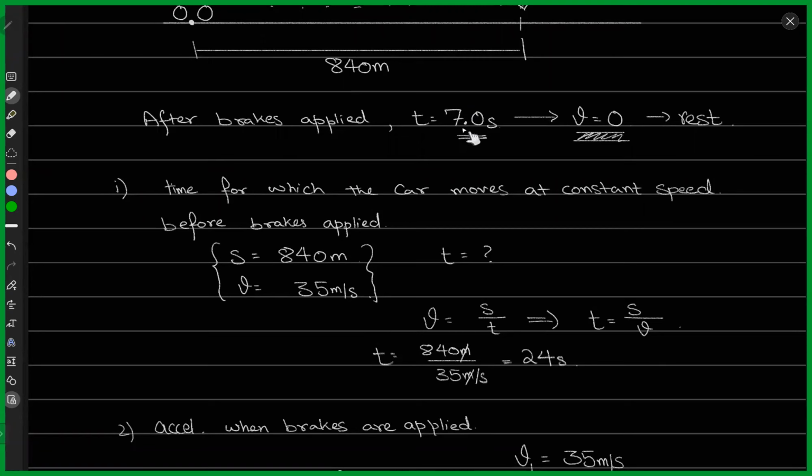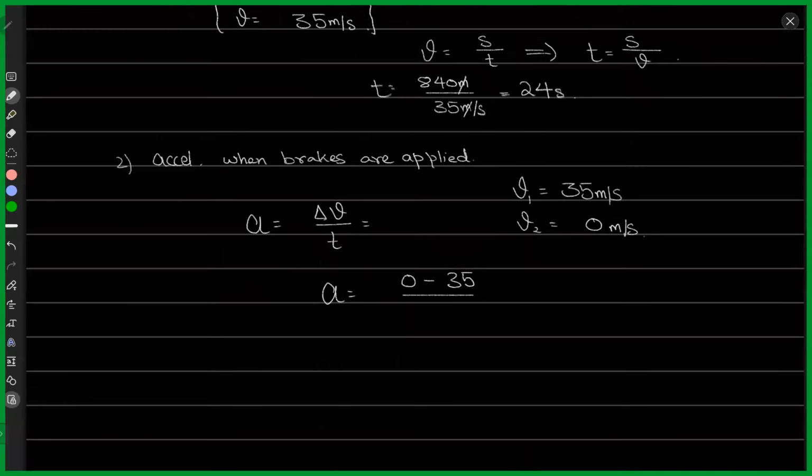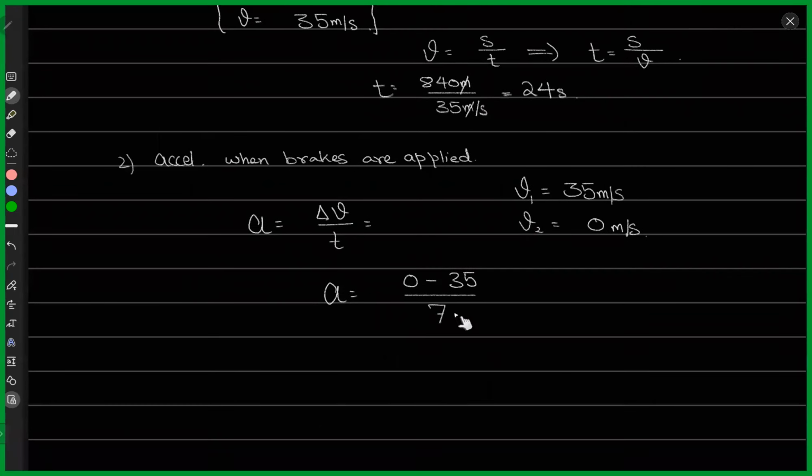So the time it takes for the car to stop after the brakes are applied is 7 seconds. So in place of time, we'll put 7 seconds. And this is meters per second. And so this would give you minus 35 over 7, which is minus 5.0 meters per second squared. So that is the acceleration of the car after the brakes are applied.